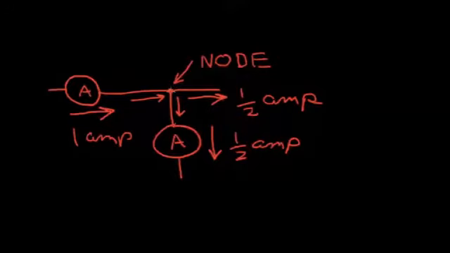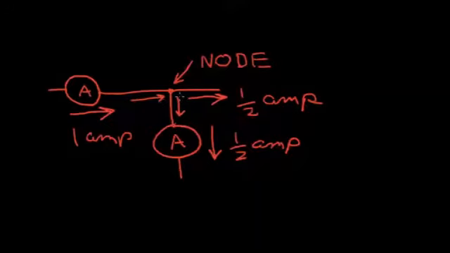So to summarize, there's a rule about the current flowing at a node. The current flowing into the node is equal to the current flowing out of the node. In this case, flowing to the right, we have 1 amp, and flowing down a 1/2 amp, and flowing in this other branch a 1/2 amp. So everything sums to 0.